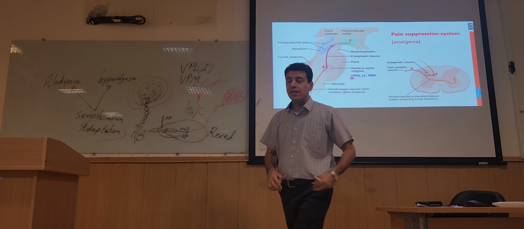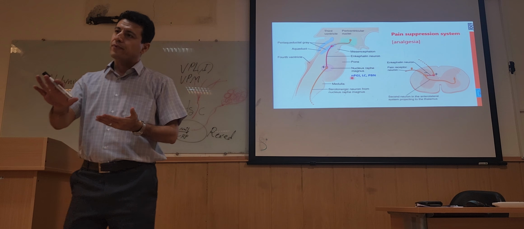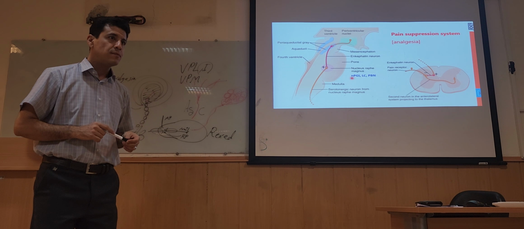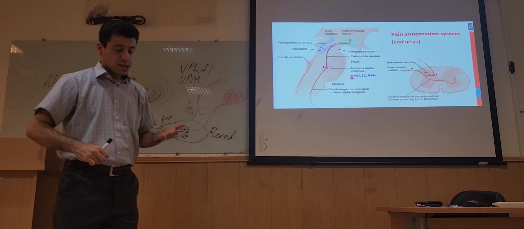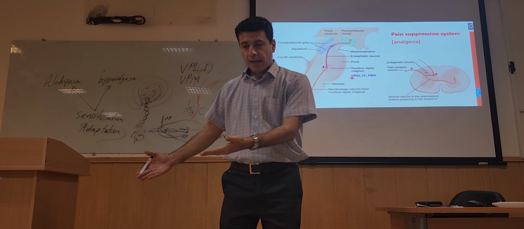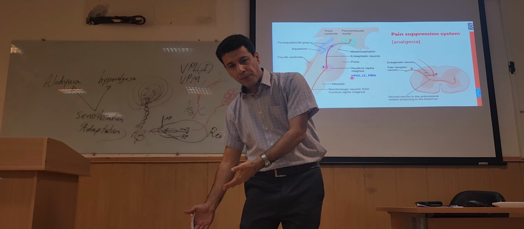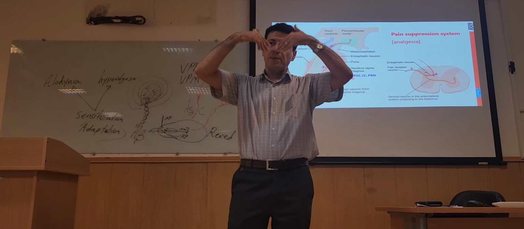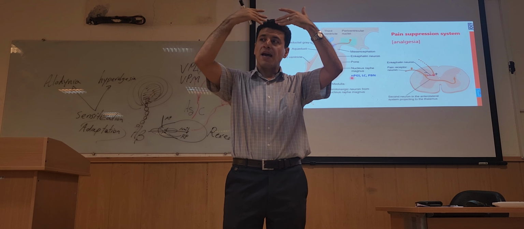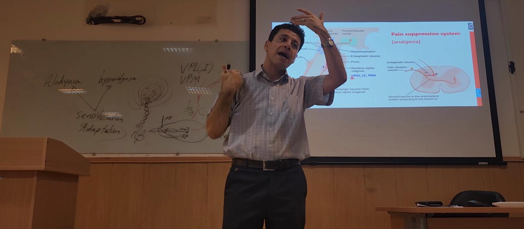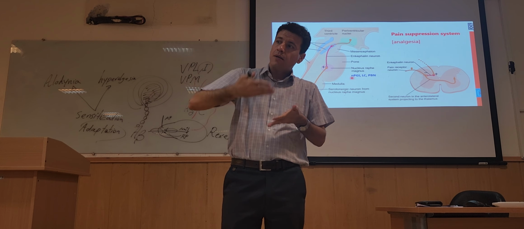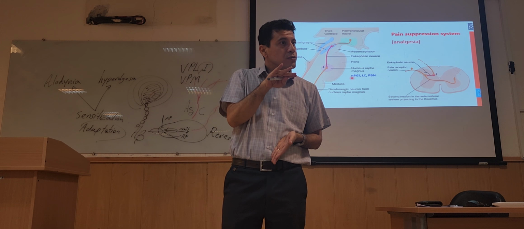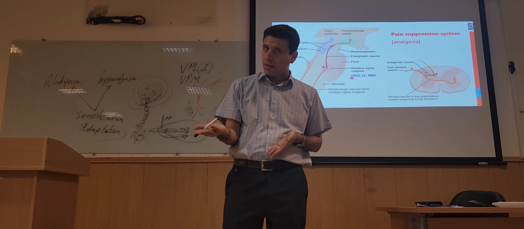We have another system in the brain that suppresses pain. We call that the analgesia system. So we have a system for bringing pain information to the brain, and another system that inhibits the pain, parallel to it, but going down from the brain to the spinal cord in order to stop pain signals.